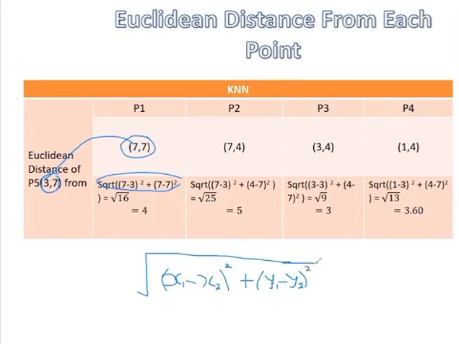Some of you who did addition and math, I know you've seen something like this before when looking at the distance between two points. So it's very useful in the KNN algorithm. So you're going to do that here. That actually gives 4. You also do this one and that too.